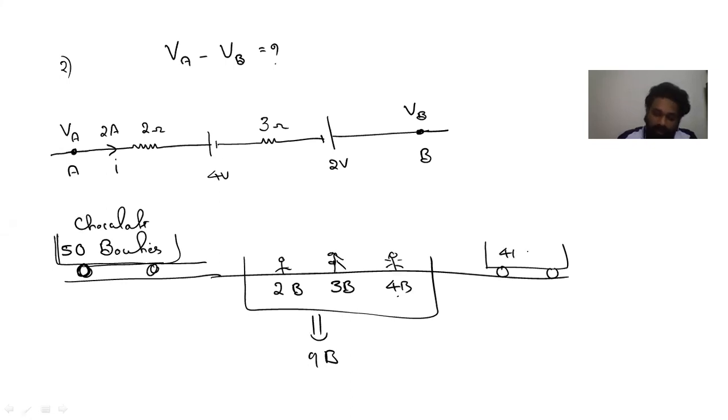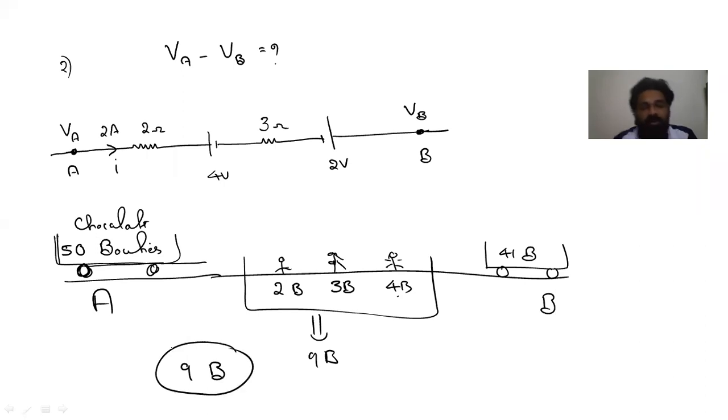So the difference of bounties between point A and point B is 9 bounties: 50 bounties here, 41 bounties there. If we ask the difference in the number of chocolates at A and B, we have to subtract what these children took.